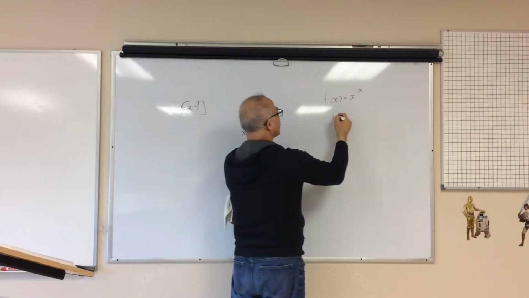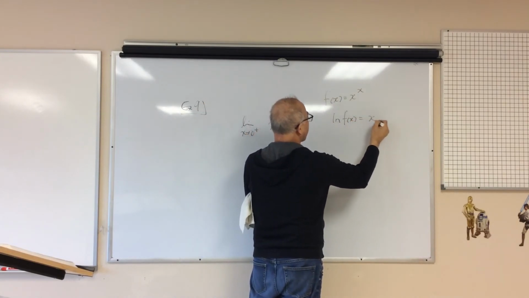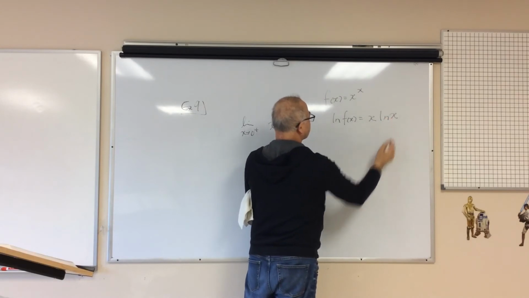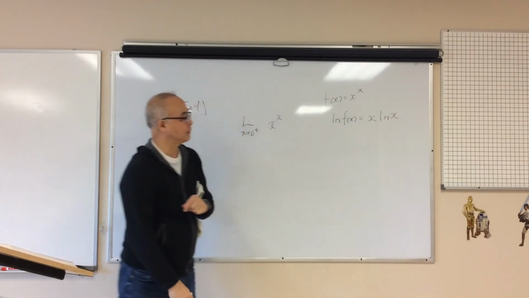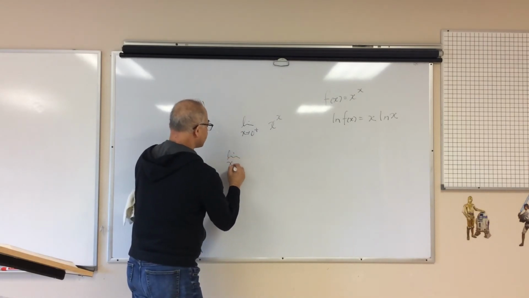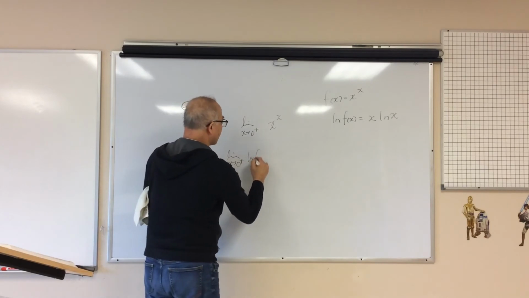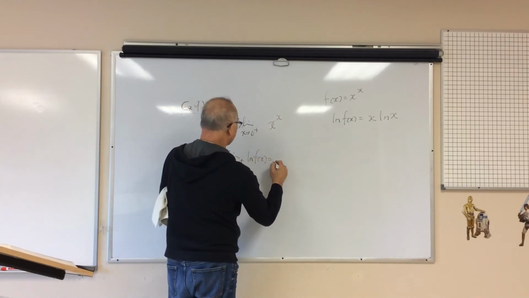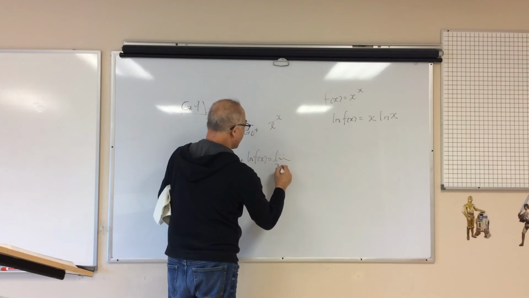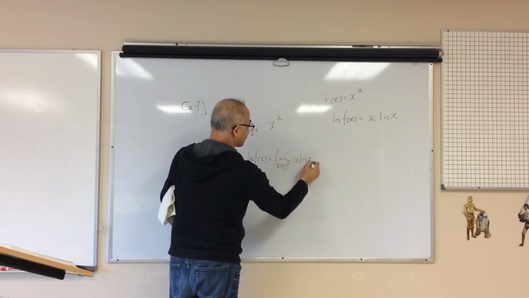I'm going to find the limit of the natural log of f of x. And if I do that, I get something that looks like that. So the limit as x approaches 0 from the positive side of the natural log of f of x is equal to the limit as x approaches 0 positive of x natural log of x.